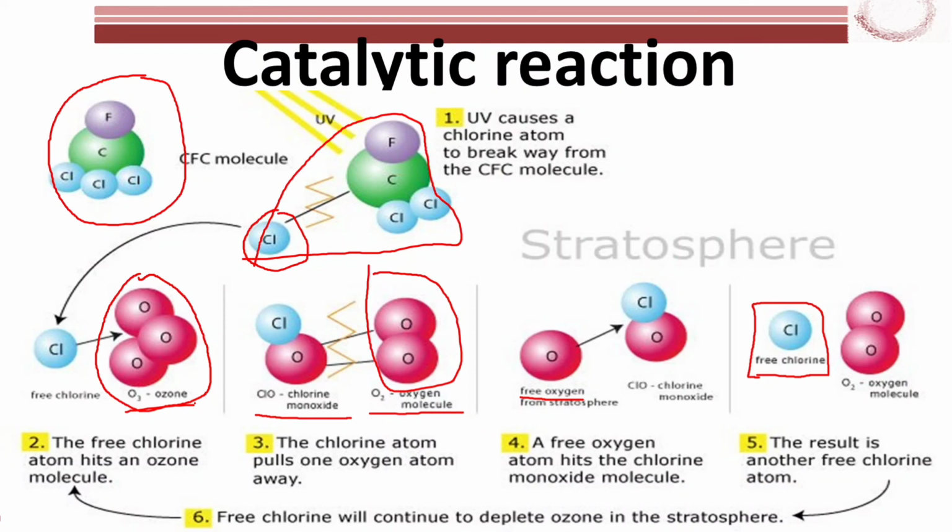Although, merong pahinga siya sa ating season or sa climate natin. Kasi pagka malamig yung panahon, this catalytic reaction is ceased. So, hindi siya nangyayari. Pero pagka summer or mataas ang temperature, may high amount or supply ng UVs, then this reaction will proceed.